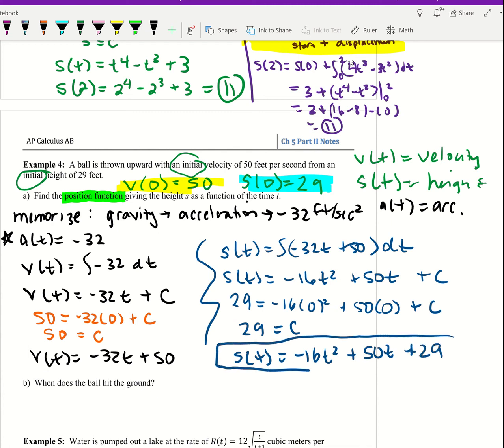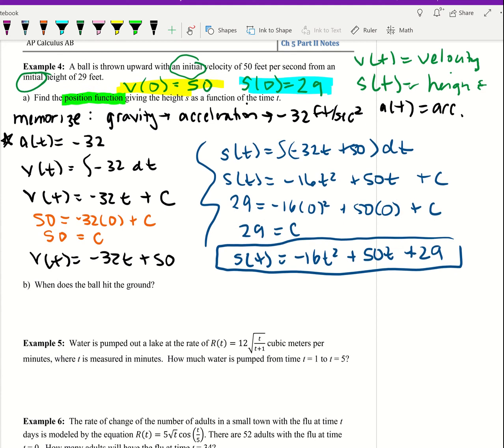And you might even recognize this formula from Algebra 2, and I believe you may also have encountered it in pre-calc. h of t is equal to negative 16t squared plus v sub 0, the initial velocity, times t, plus the initial height. Well, if you look at our original problem, our initial height and our initial velocity were given. Initial velocity is 50, initial height is 29.